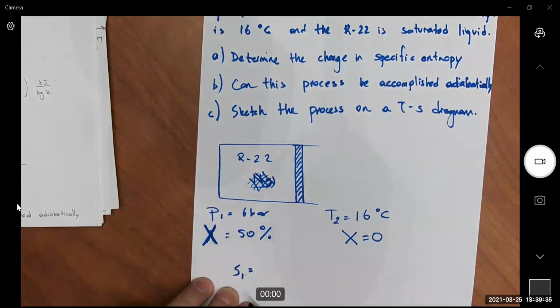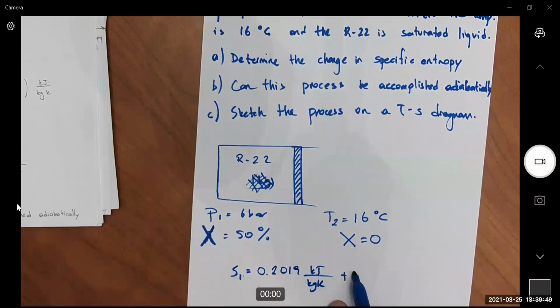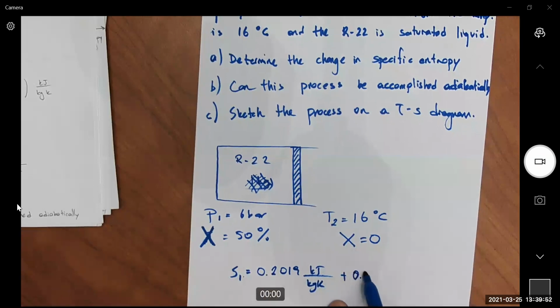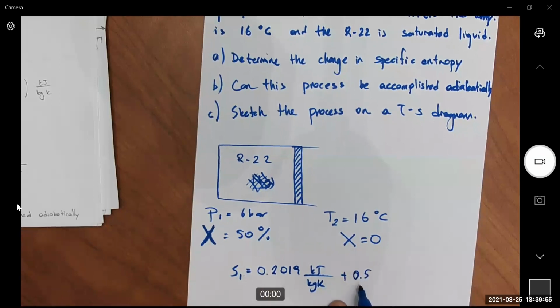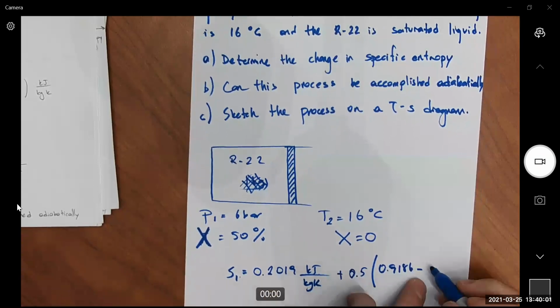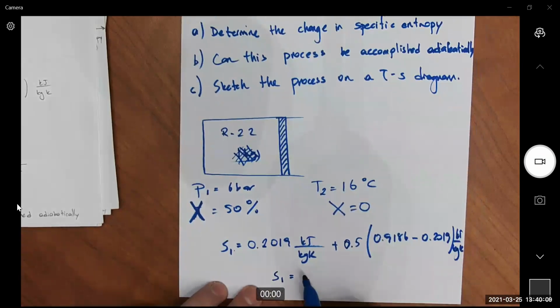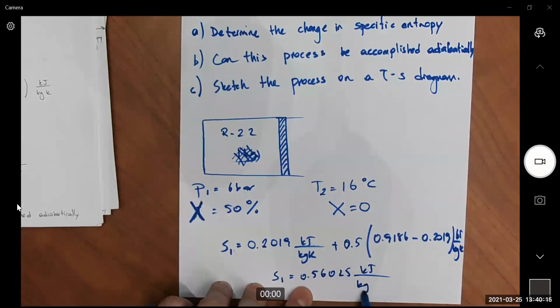So S1 will be 0.2019 kilojoules per kilogram Kelvin for the saturated liquid. For 50% quality, 0.9186 minus 0.2019 kilojoules per kilogram Kelvin, and S1 from here is 0.56025 kilojoules per kilogram Kelvin.